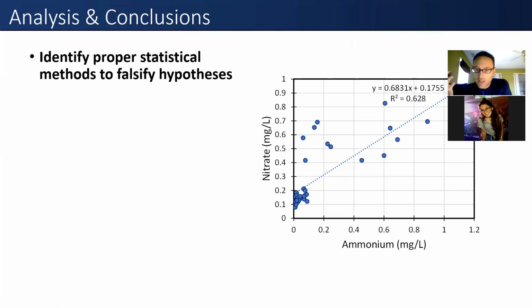So depending on the question that we're asking, that's going to determine which statistical tests we want to use. So we want to find the statistical test that is appropriate to our specific hypothesis.